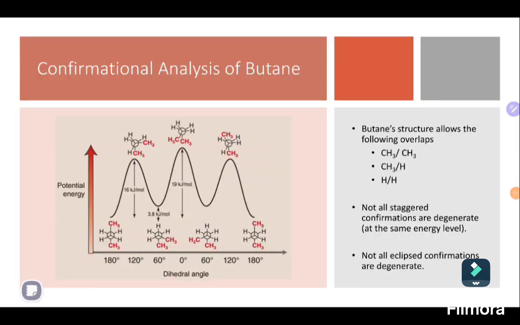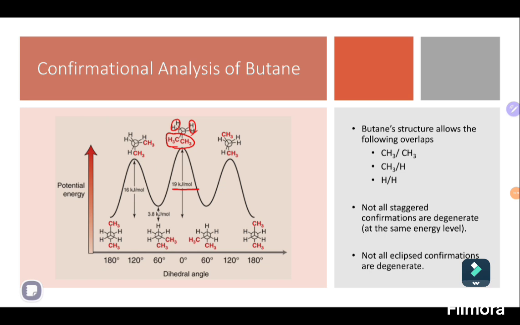So quantitatively, for the conformational analysis of butane, we can see that the highest energy barrier to rotation occurs when the two methyl groups must eclipse each other, and the two methyl groups eclipsing each other along with the two other hydrogens eclipsing each other has an energy barrier to rotation of 19 kilojoules per mole.